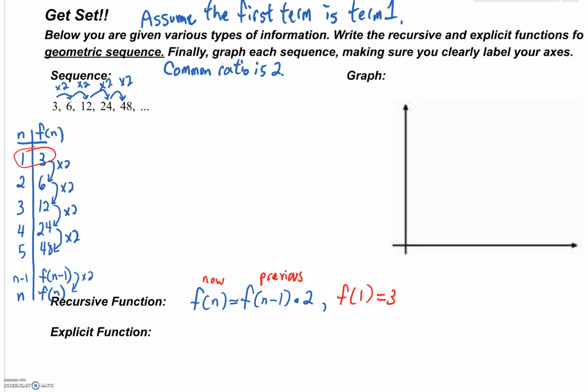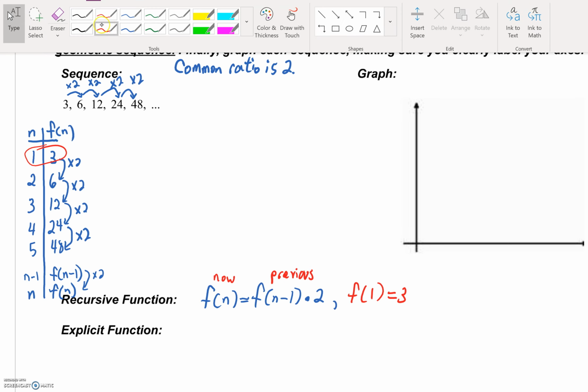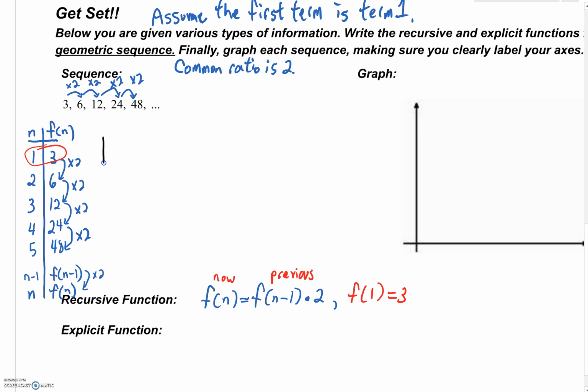All right, well, at this point, we just have to move over to the explicit function, or the explicit formula, we should say. Well, how do we get to that? Very similar to what we've been doing in class. Let's just take a look at the 3 here. We can recopy that as a 3.